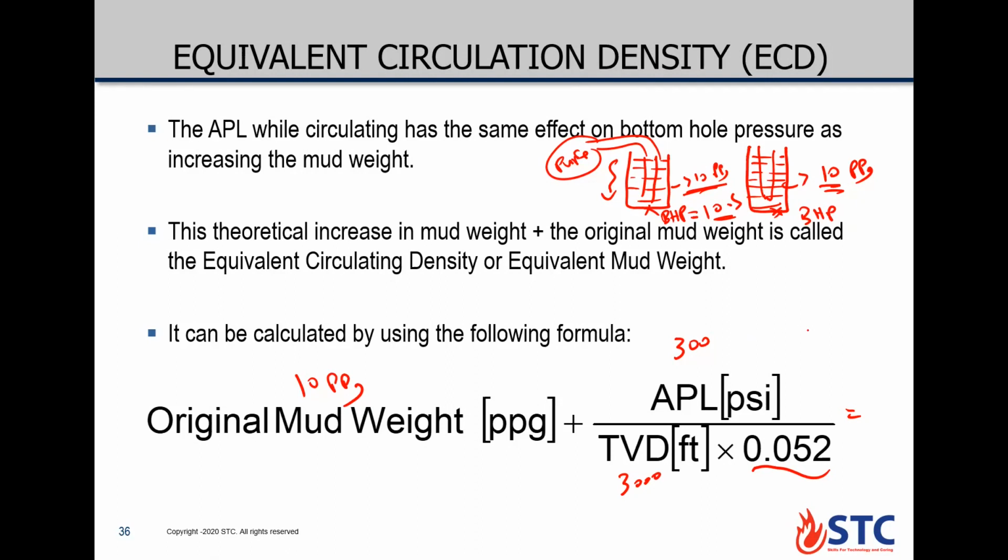So now, guys, the answer will be 11.92 ppg. That's because of the effect of APL, or annular pressure loss. Clear, guys? Yes, clear. Okay.